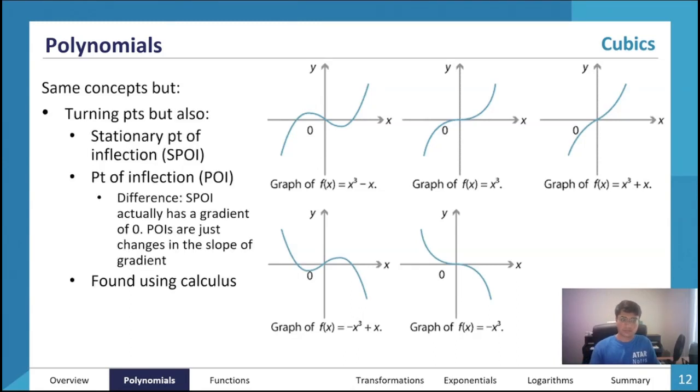So this is where, if you look at this diagram here, the graph approaches a point and then begins to kind of flatten out. Eventually it reaches a point where it has 0 gradient. So that's right there in the center. It's running flat, parallel to the x-axis. But then immediately starts heading back in the same direction it came from. So this is what's called a stationary point of inflection.